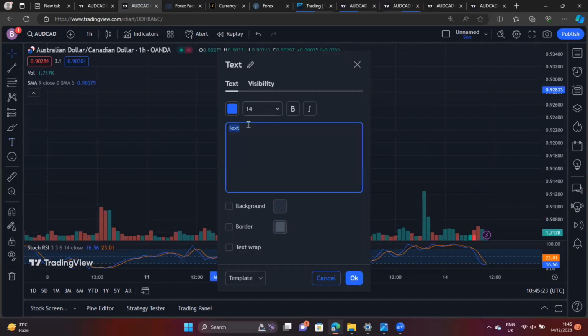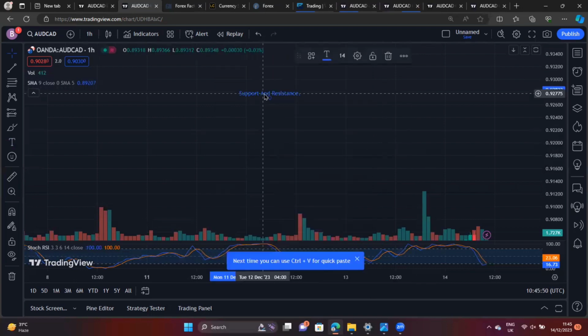Support and resistance. Now, what support and resistance is is very important.